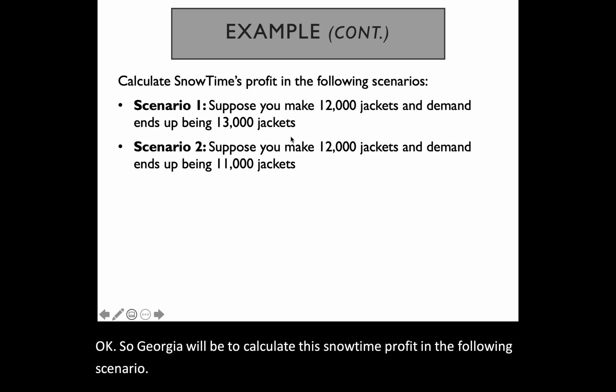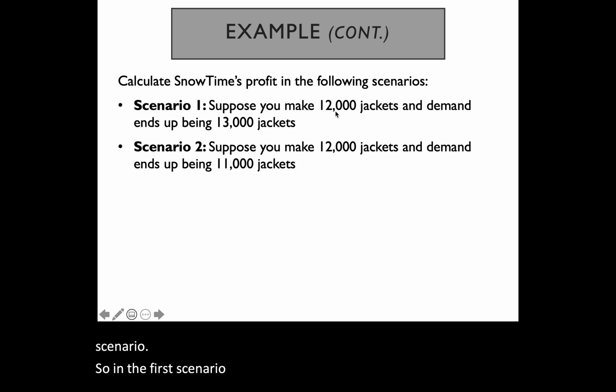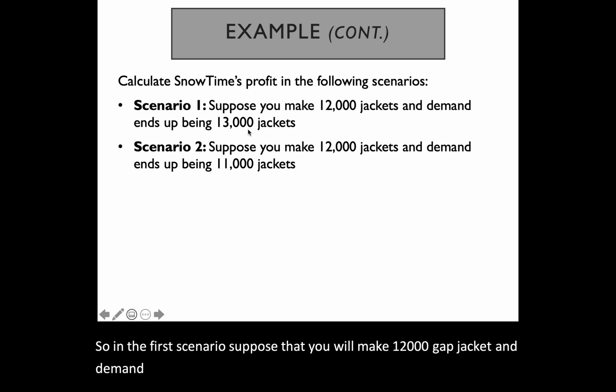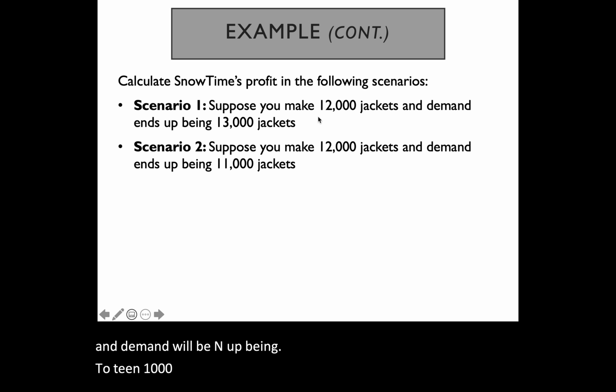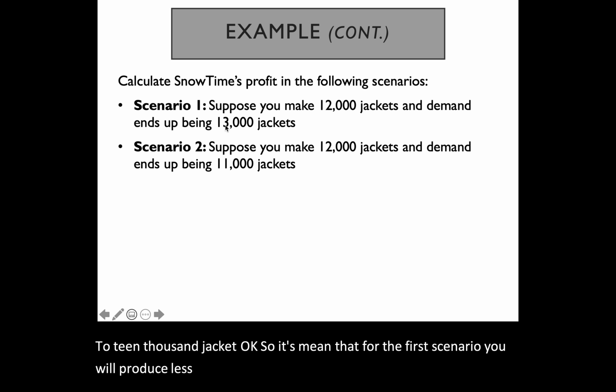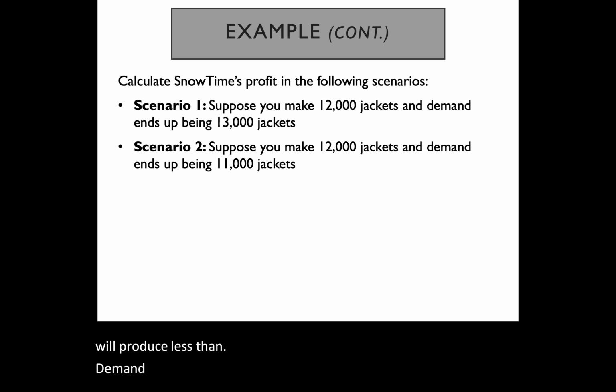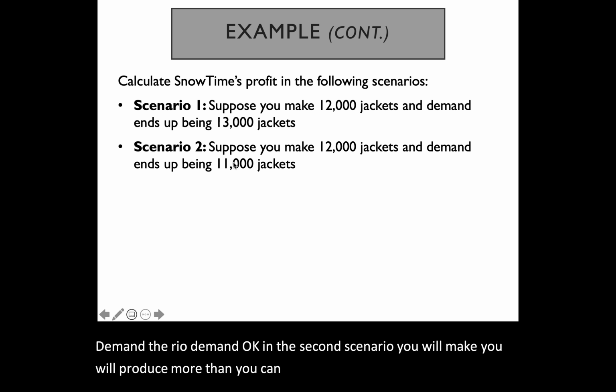In the first scenario, suppose that you make 12,000 jackets and demand ends up being 13,000 jackets. So you produce less than the real demand. And in the second scenario, you produce more than you can sell during the selling season.